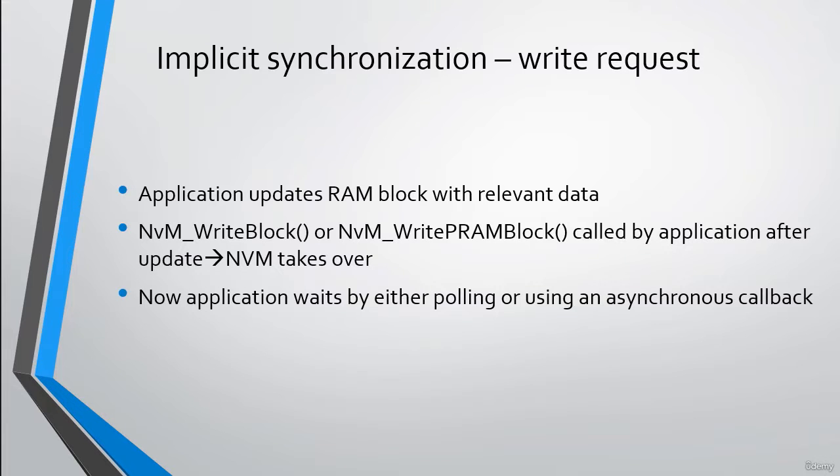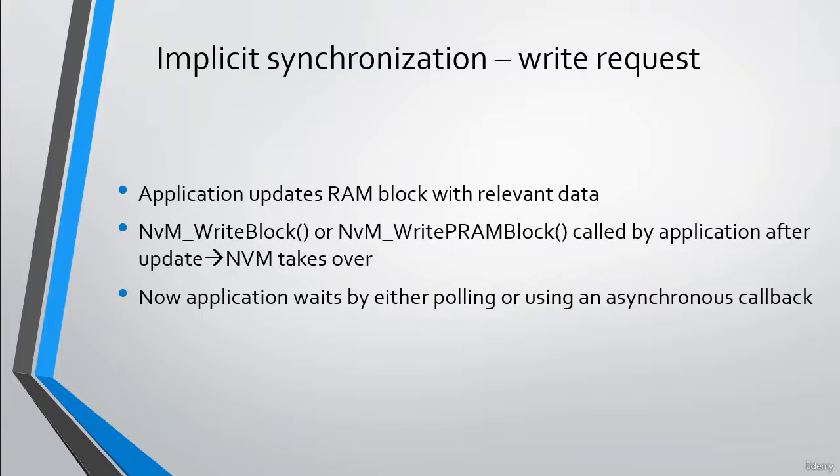Now the application waits by either polling or using a callback. The application simply waits for NVM's output or NVM status. This status can be provided by a polling mechanism where the application continuously asks the NVM for the status, or by using an asynchronous callback.